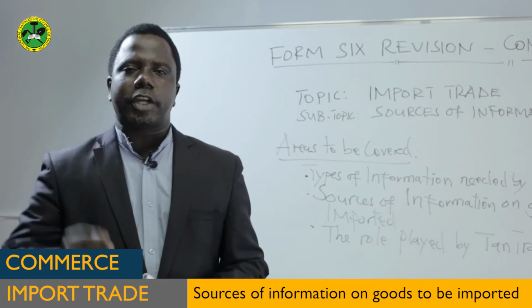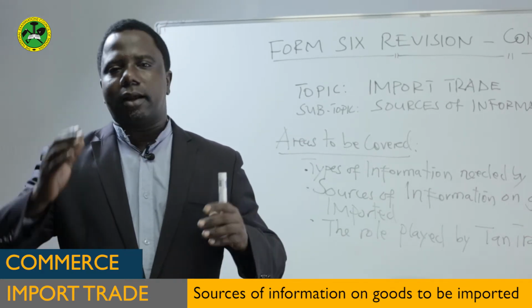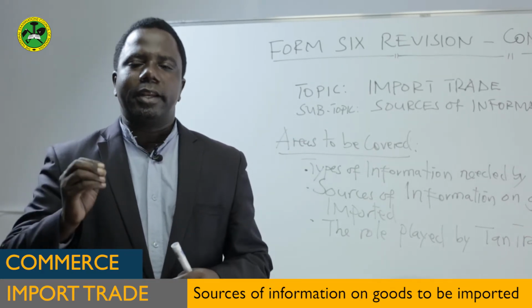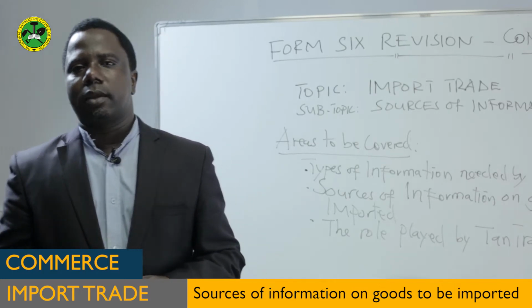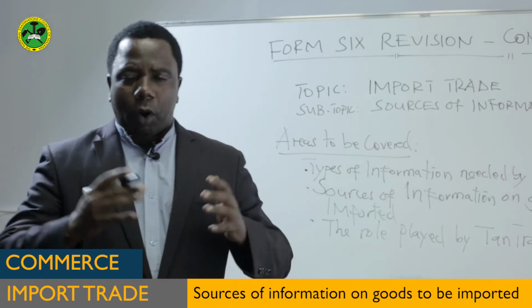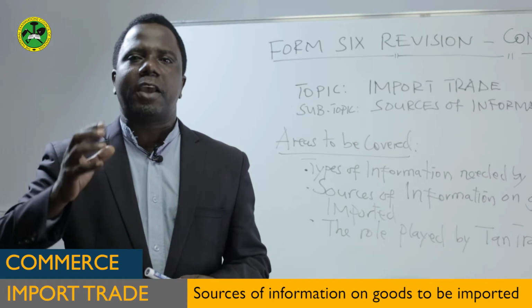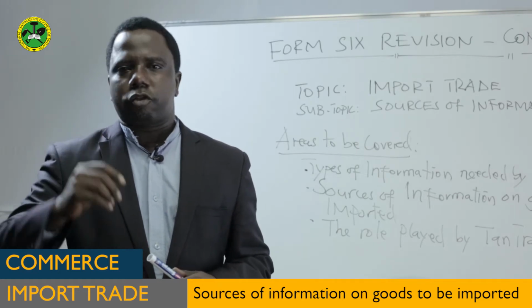So in this session, we have an explanation of the different information needed by importers. Because without having this information, importers may get problems on how to trade effectively in this trade.